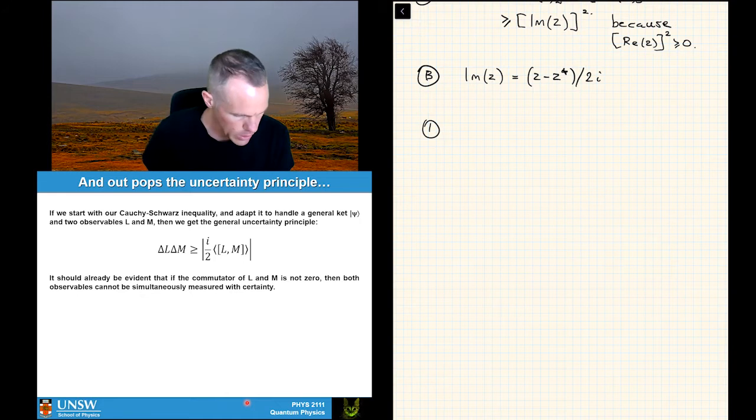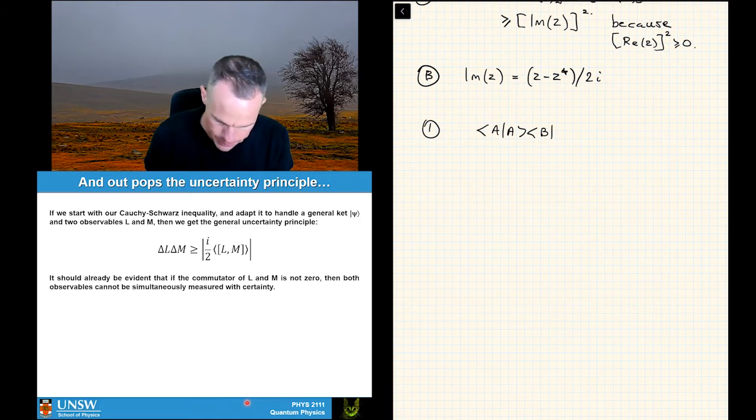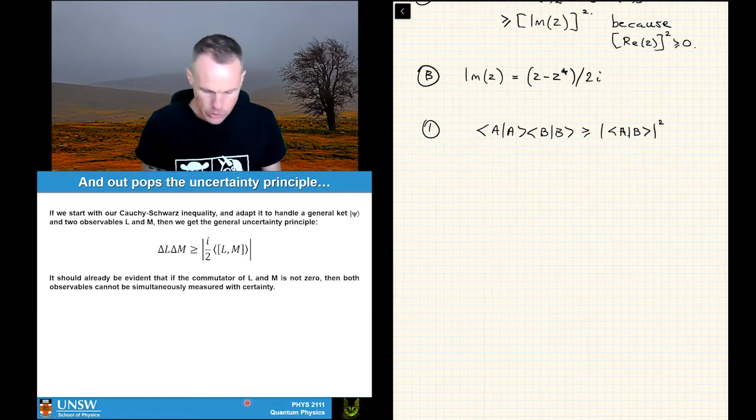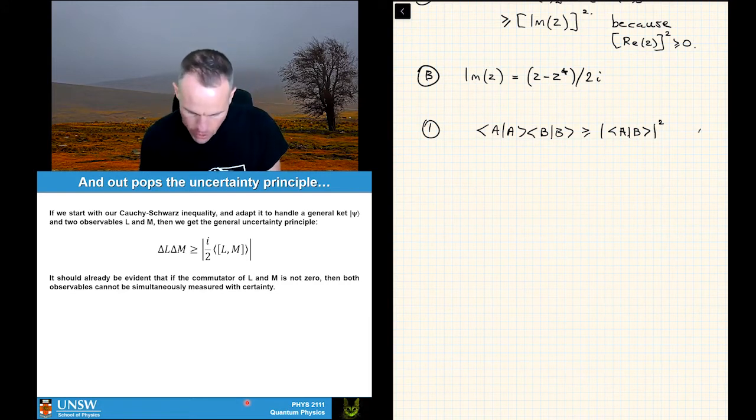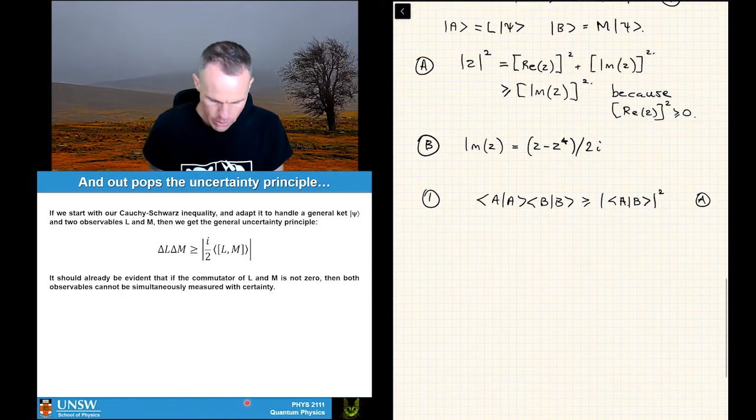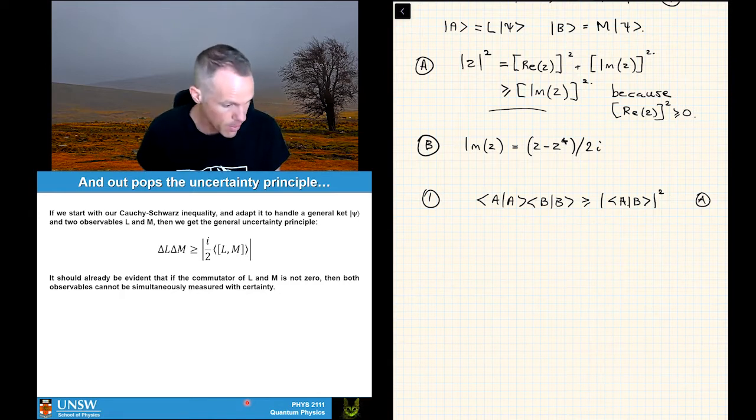And what we're going to do is go that inner product of A and A times the inner product of B and B has to be greater than or equal to the inner product of A and B, squared. And of course, we know from our first thing about complex numbers up here, that we can replace any complex number with the square of the imaginary, right?